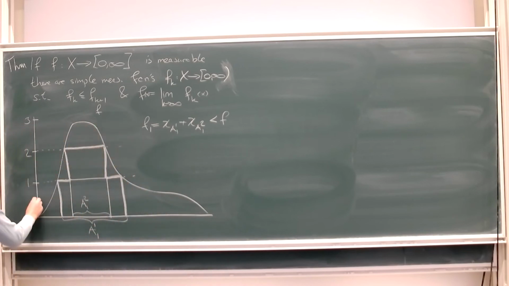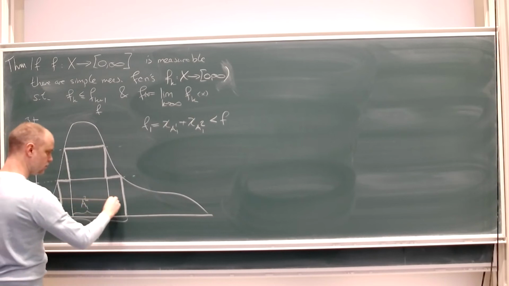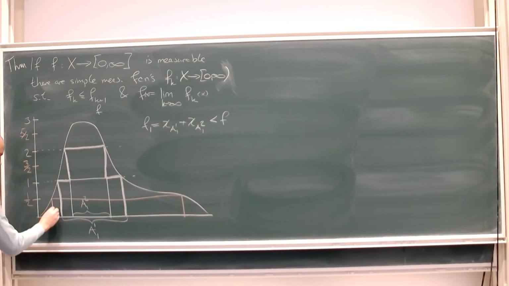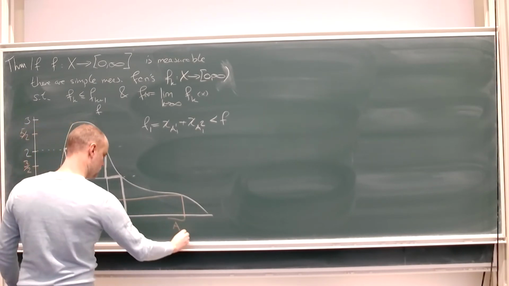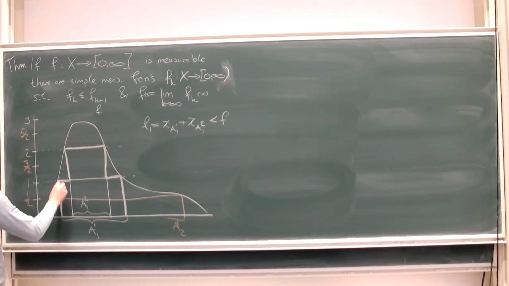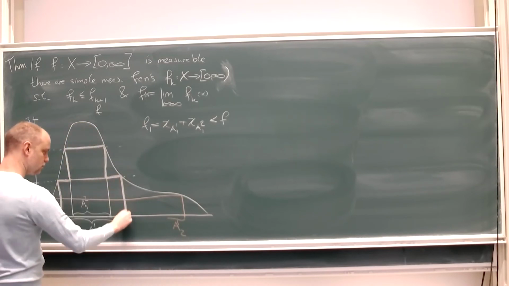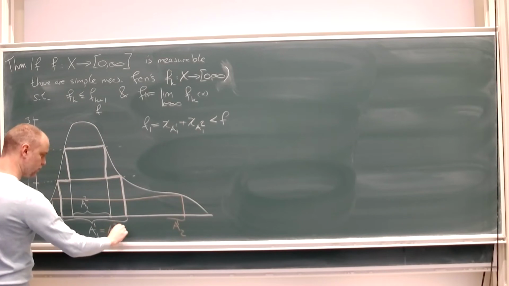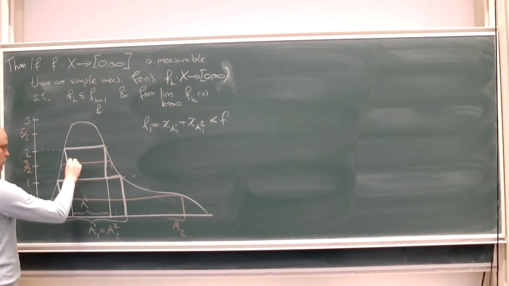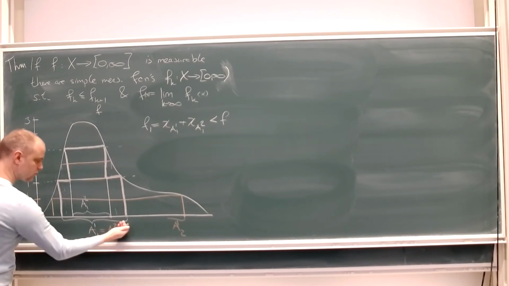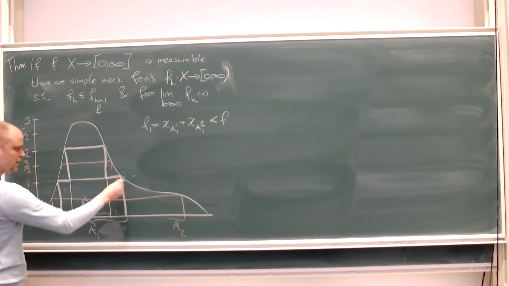So now let's include 1/2, 3/2, 5/2, and so on. Now this set here, we're going to call it A2,1. This guy here is going to be A2,2. This fellow, let me just write it right here.